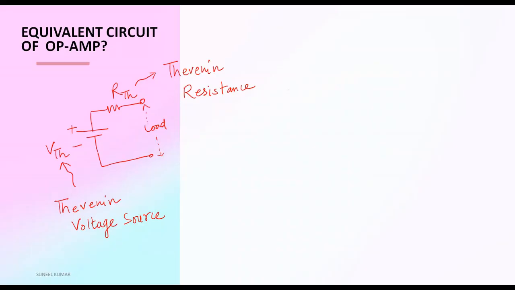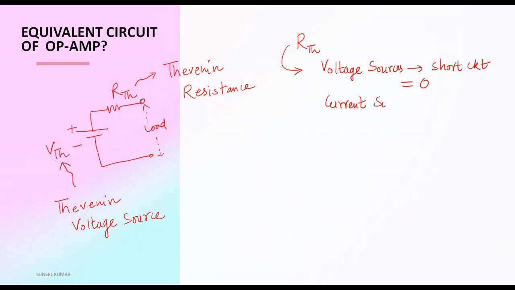Whenever we want to calculate this RTH, that is the Thevenin resistance, it can be calculated when all the voltage sources are short circuited, that means they should be 0. And similarly, current sources should also be 0, that means open circuit.